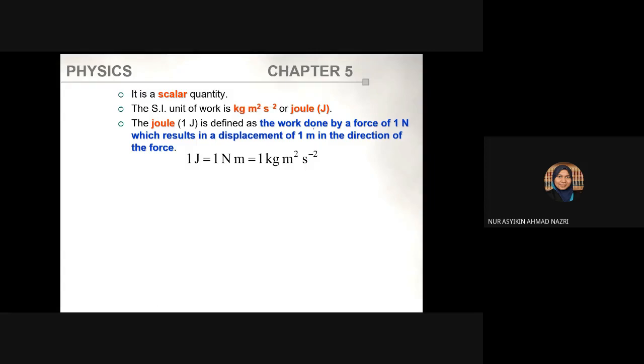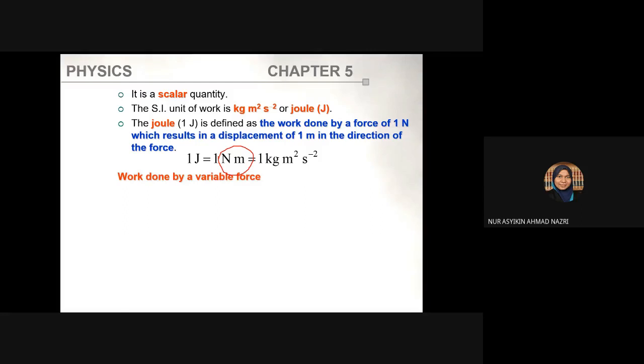So you also can use this unit. Tak ada masalah. Boleh sebabnya Newton tu pun SI juga. So meter SI ataupun nak banyak kilogram meter squared per second squared boleh juga.